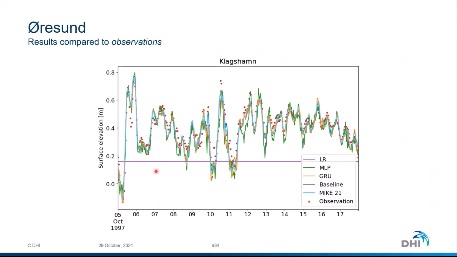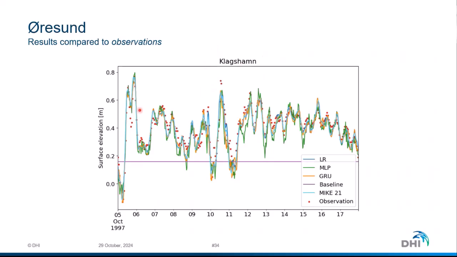So it's not that interesting, but hopefully the other models are better than that. And then I also plot the MIC model, the simulation data. And the dots are observation data from a measurement station in Sweden.